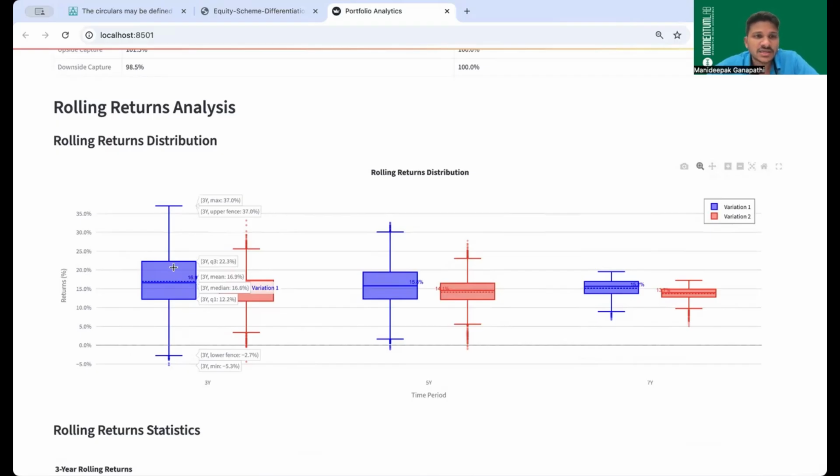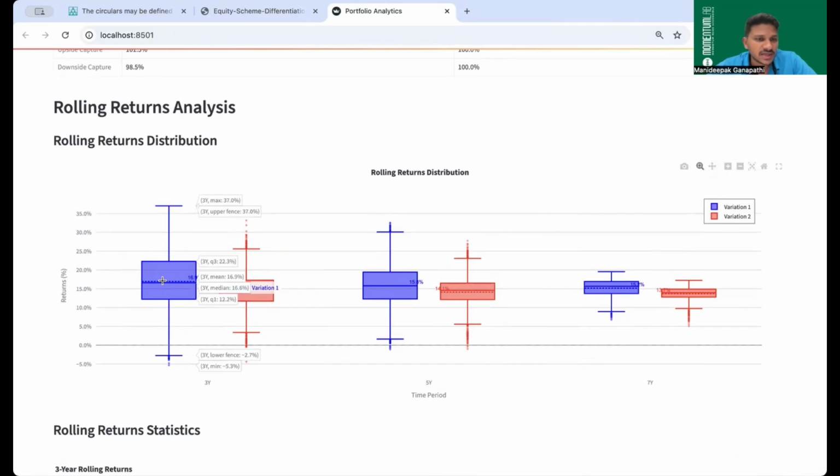If you're lucky, you would have got about 37% CAGR. That was the highest it had in any 3-year period. And if you're unlucky, you would have got about minus 5.3% return over 3 years. So that was also a possibility.